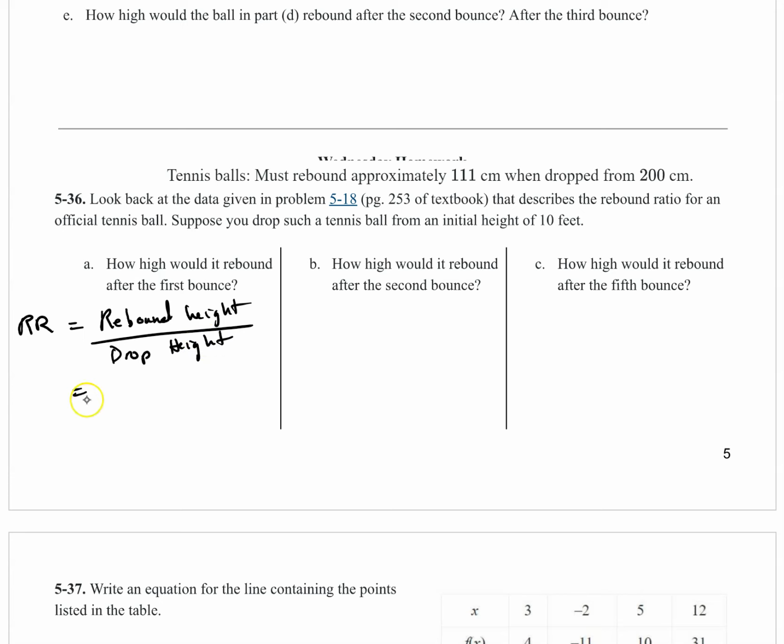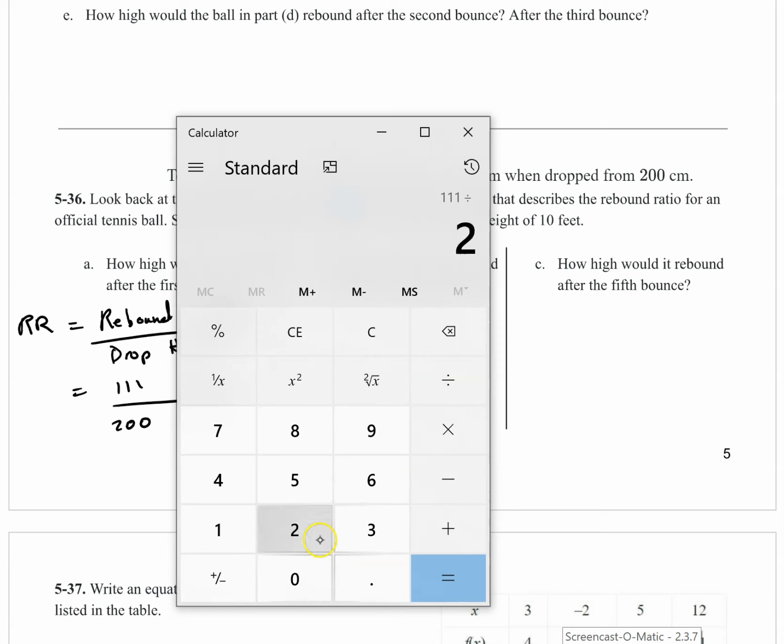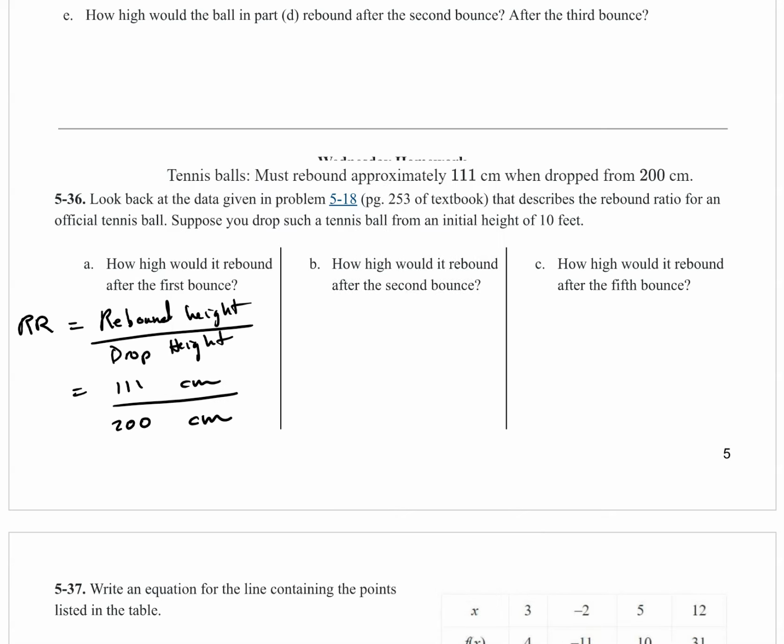So that's going to be 111 centimeters divided by 200 centimeters. And we'll use our calculator. 0.555. Well, let's round that to 0.56.